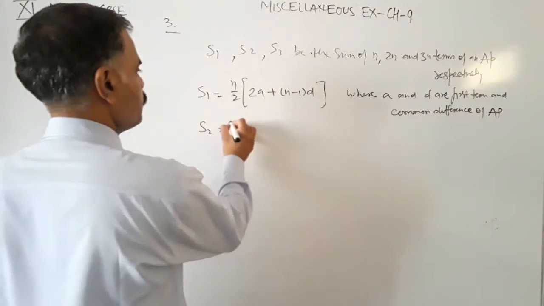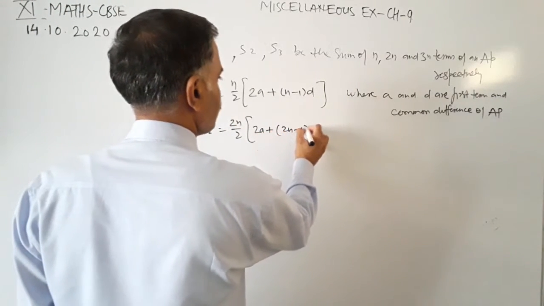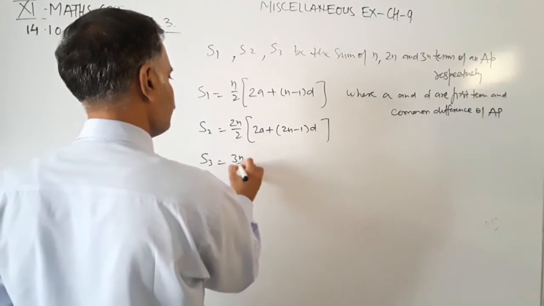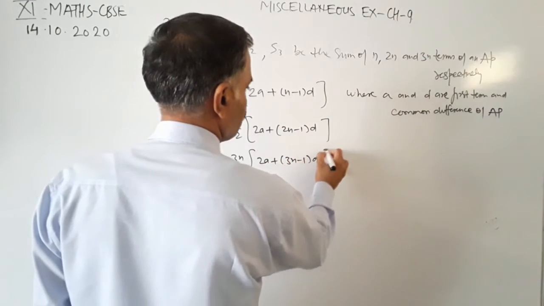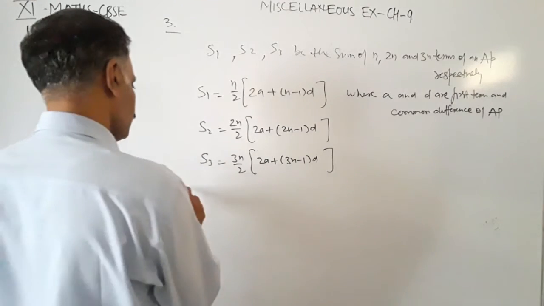S2 is equal to 2n by 2 into (2a plus (2n-1) into d), and S3 is equal to 3n by 2 into (2a plus (3n-1) into d). So these are S1, S2 and S3.